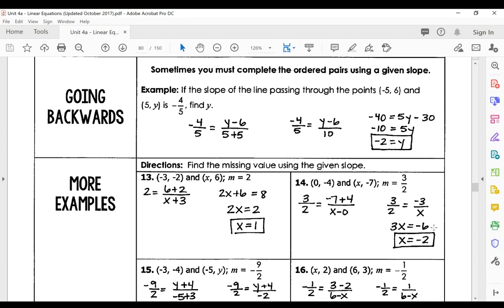Dividing both sides by 3 will give us x equals -2. I can see number 15 and 16 here, but they're not quite finished. Would you like to pause and try to finish them before you resume and see if you've got it?